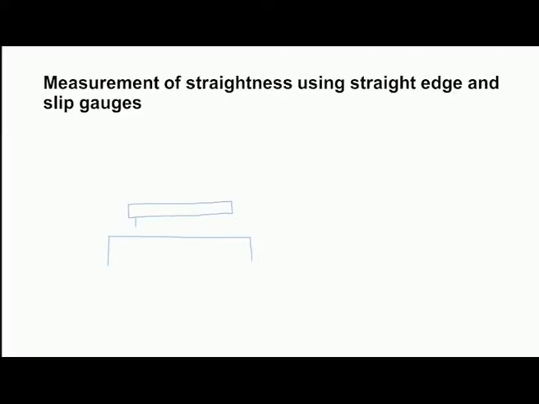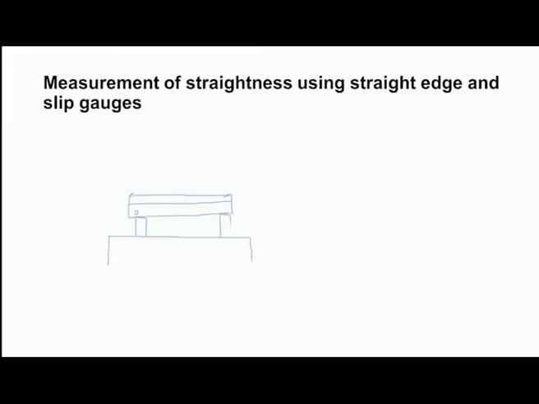Here we have to keep the slip gauge, say this is point number 0. If this is length L, we have to support this length at Airy points like this.